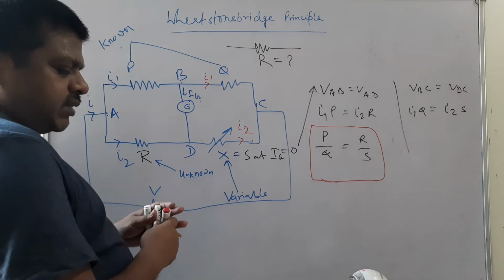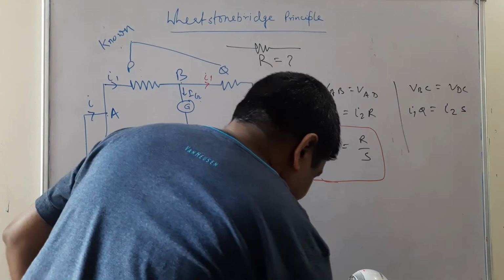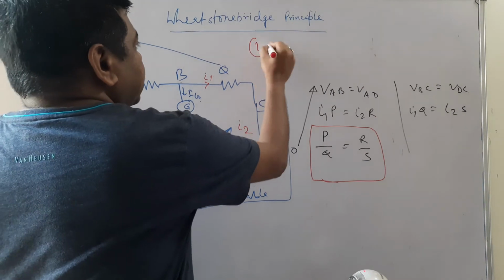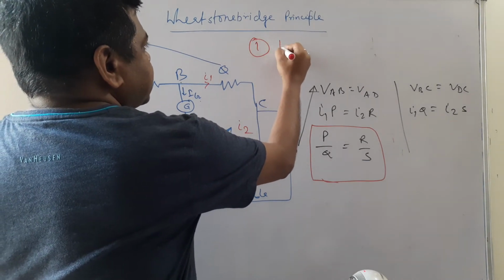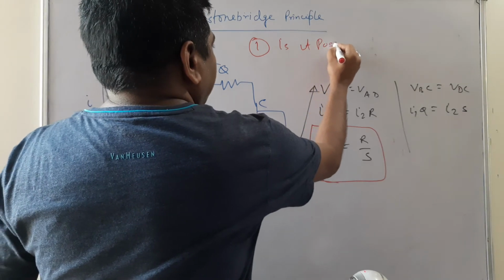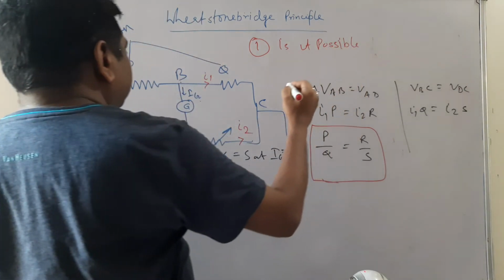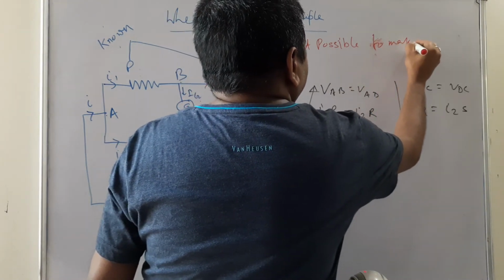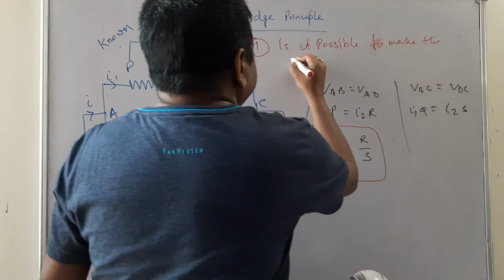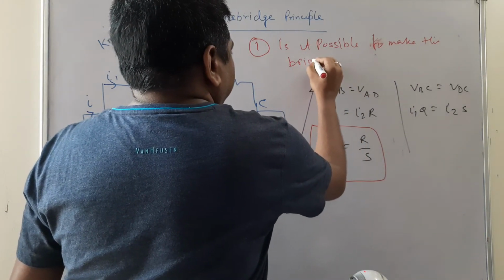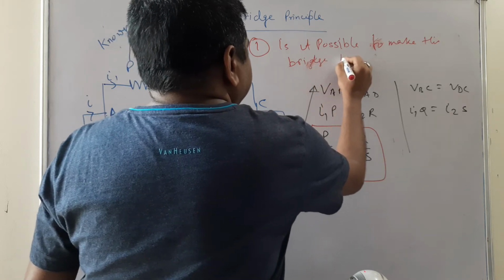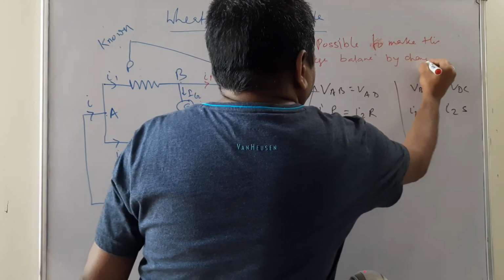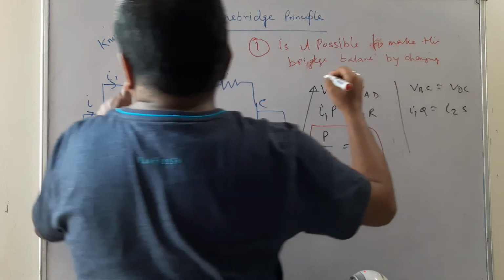The first variant is: try to answer this question, is it possible to make this bridge balance by changing P and Q?